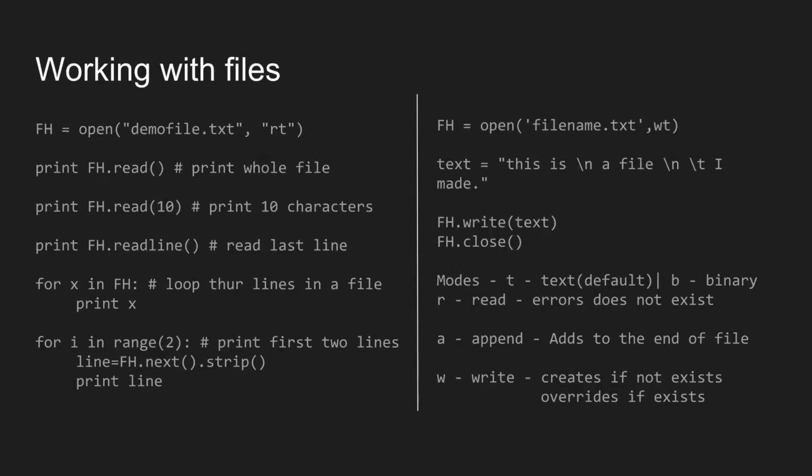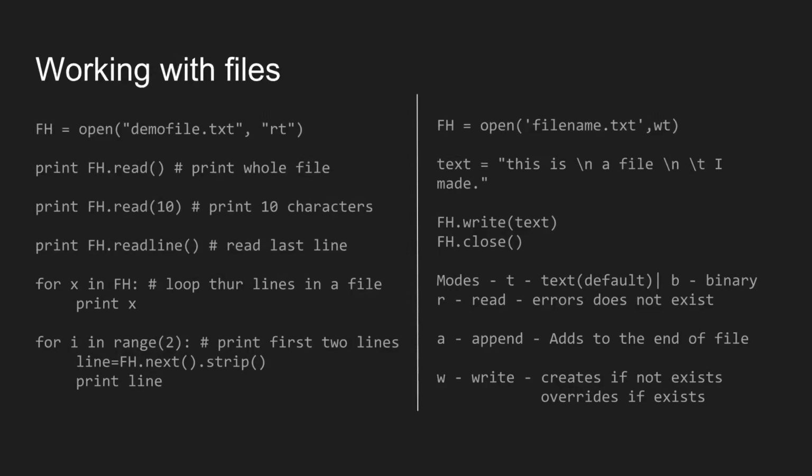There's the R and T. T is default, so you don't need to include the T. R is the read mode, and you don't even need to include that either, because read is the default as well. So by default, you're going to read text. Okay. To print the whole file, you can do the read method, and that prints out the whole file entirely. If you just want to read a certain number of characters, you put in the number of characters, right?